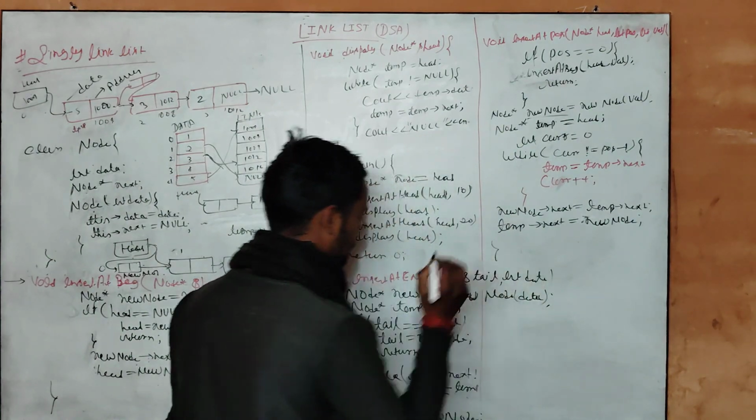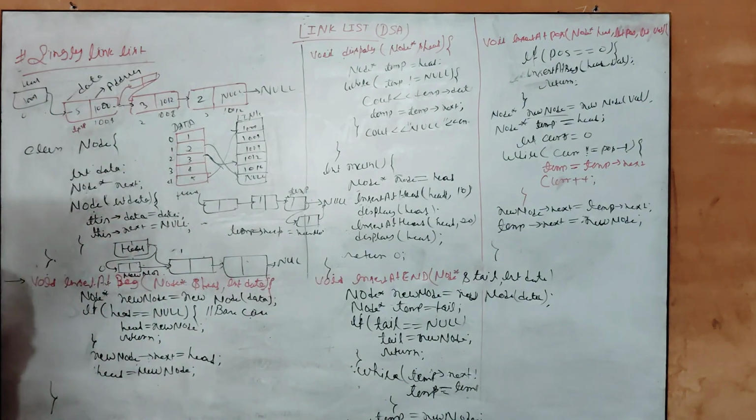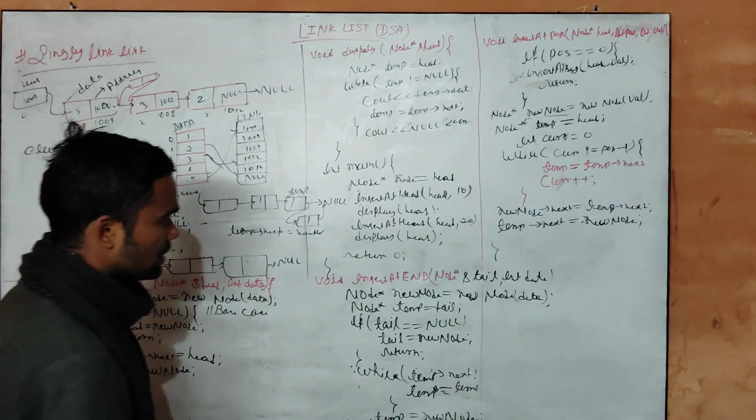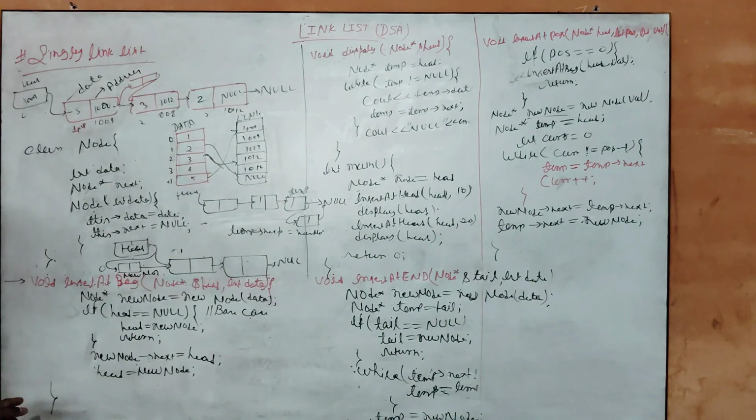Fine. It is working properly. Let's see. I am writing a program: insertion at the beginning, insertion at the ending, and next I'm writing here temp next is equal to new node, insertion at the ending, insertion at the position.